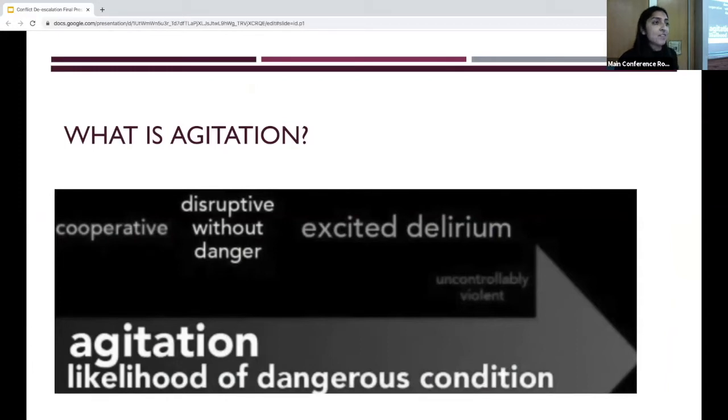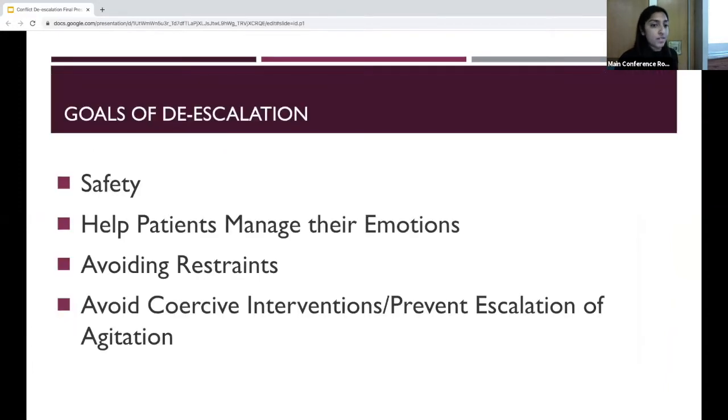When we identify these patients, what are our goals of de-escalation? There was a 2012 paper in the Western Journal of EM that challenges the previous traditional goal of calming the patient, which often can have a dominant-submissive connotation. Instead, they suggest a contemporary goal of helping the patient calm themselves, which is more collaborative.